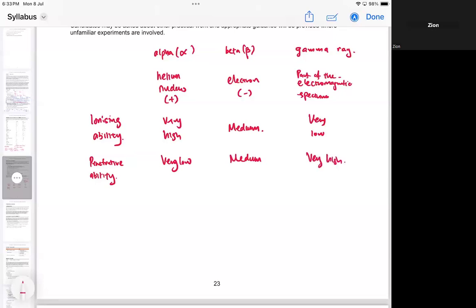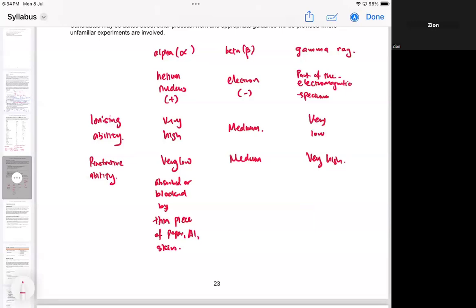Very low penetrative ability means alpha is easily absorbed, or easily blocked by a thin piece of paper, aluminum, or even human skin.